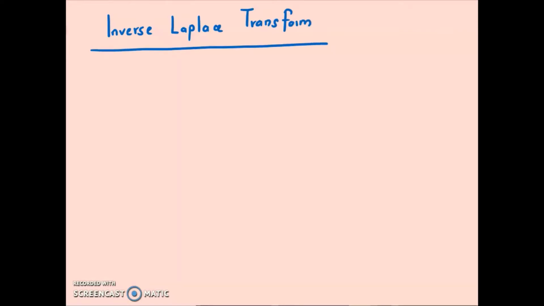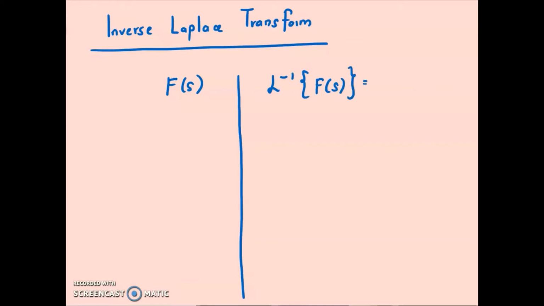So the table of inverse Laplace transform is the opposite of the table of the Laplace transform. For instance, we have F(s), and then the Laplace inverse of this F(s) is your f(t). If my f(t) is 1, the transform is 1 over s, where s must be greater than 0.